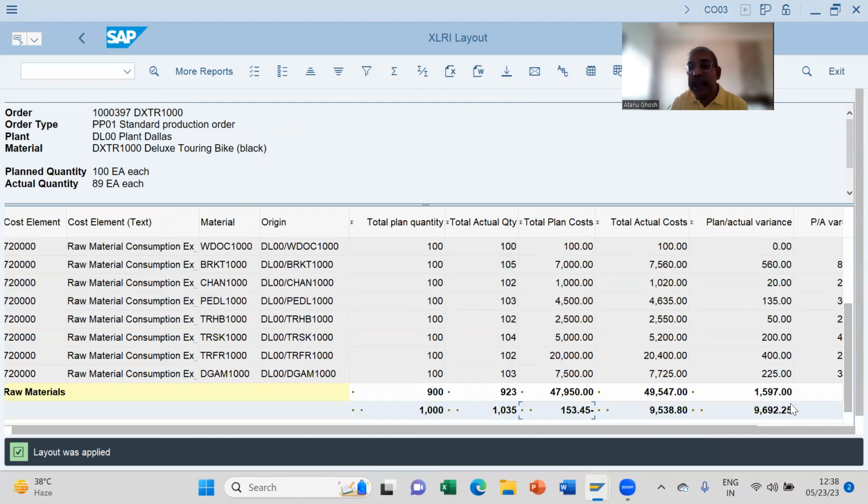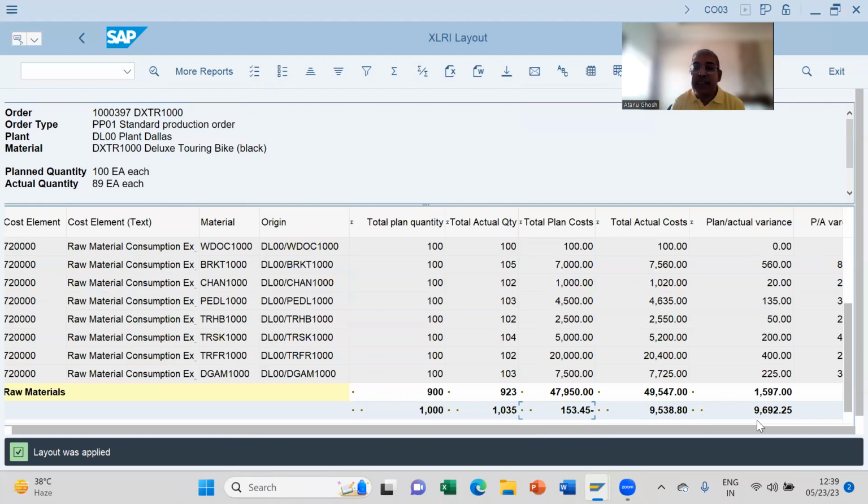Now, the interesting thing is that if you look at the sum, 9,692, this shows plus. That means the actual is more than the plan. So the variance is towards the positive side. However, there is a foul here. What is the foul? I already have inflated the standard cost estimate by 153 rupees.